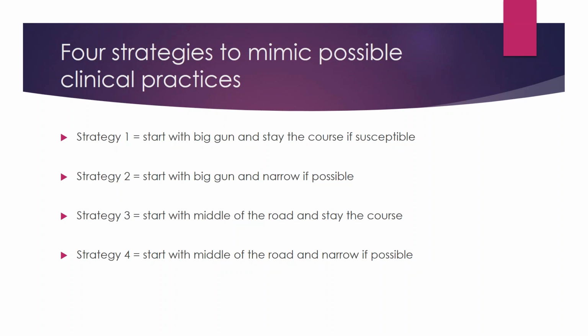There's a tendency, according to some prescriber personalities almost, to start with the big gun and stay the course with it if we can, whereas other people may be more conservative and more inclined to consider the effects on the microbiome of every antibiotic choice, and might be more inclined to start with middle of the road choices and then try to narrow if at all possible. We don't know which of those strategies is actually the best one.